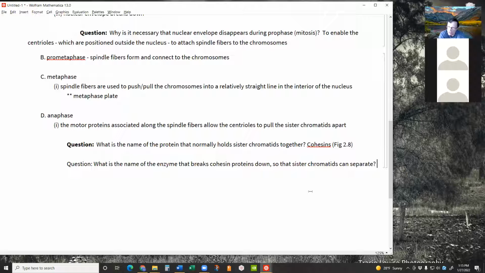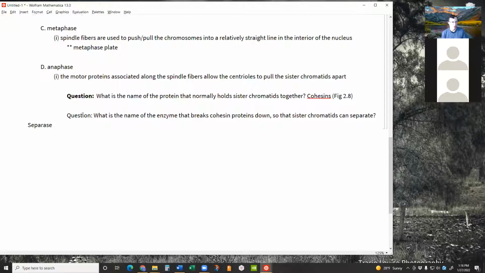Separase nibbles on the cohesin proteins at the very end of metaphase, very beginning of anaphase, and breaks their bond between the chromatids so that the spindle fibers can pull them apart.